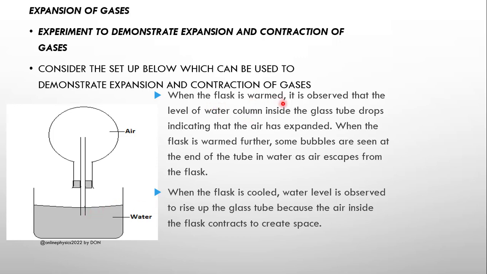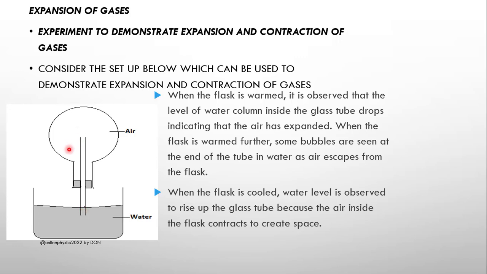Now, when the flask is warmed, it is observed that the level of water column inside the glass tube drops, indicating that the air has expanded. So, if we hold this flask here with warm hands or use some other form of heating to heat this flask here, then we realize that the water level here will not be at this point, it will move down.